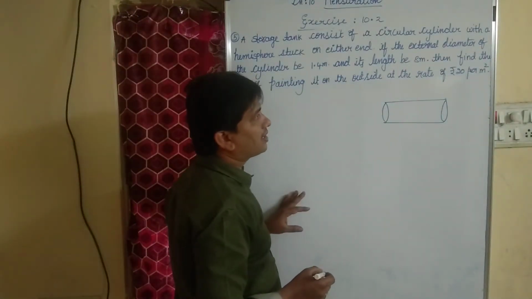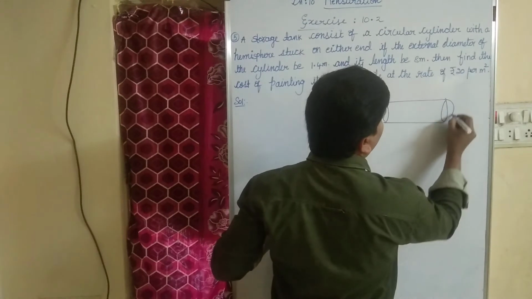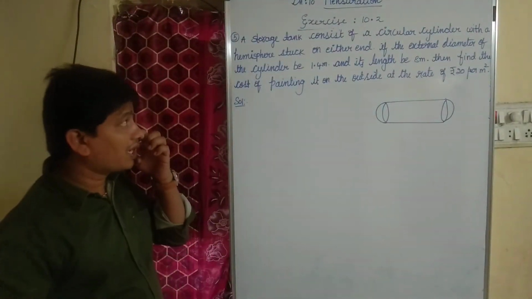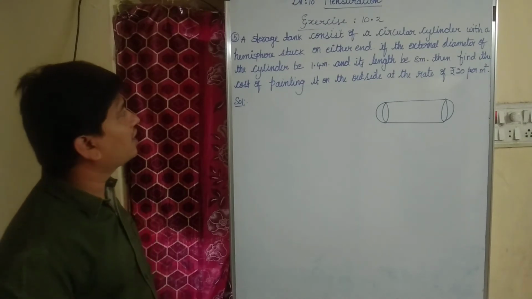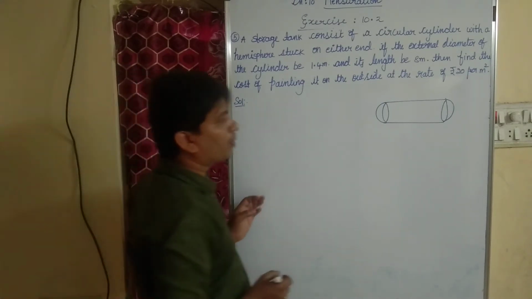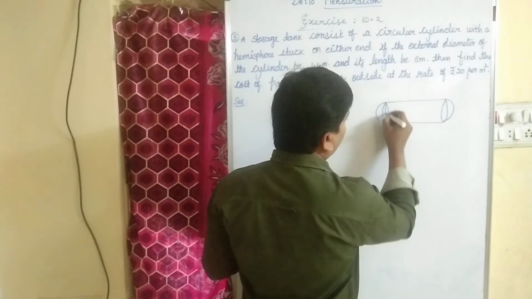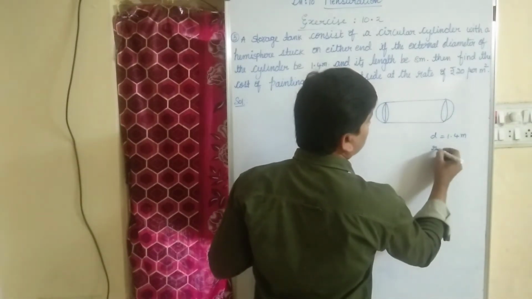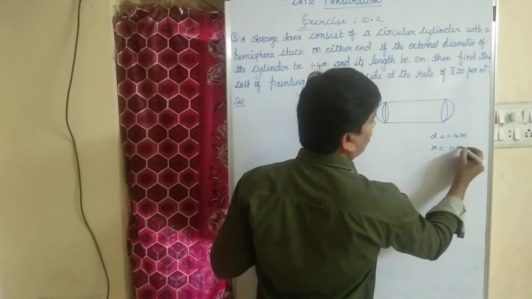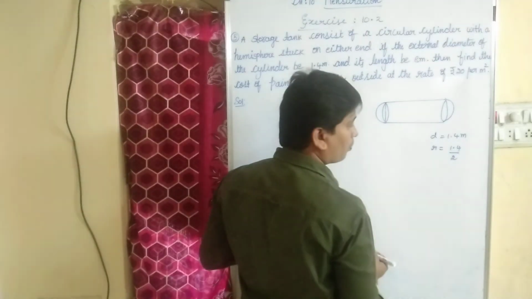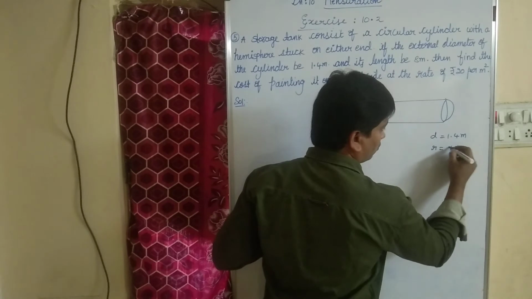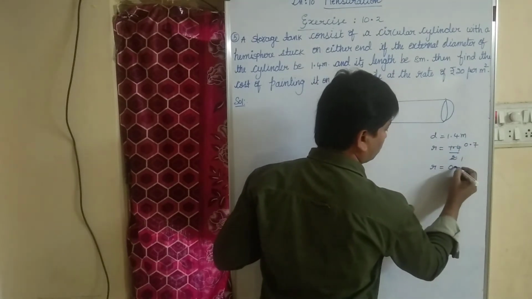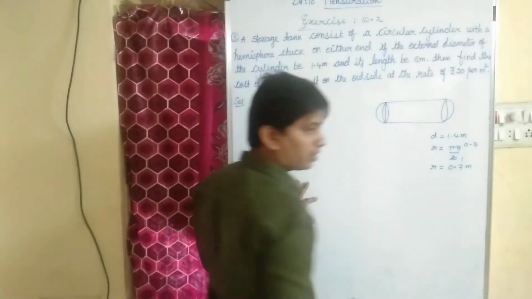If the external diameter of the cylinder is 1.4 meters, diameter is 1.4 meters. So what about the radius? Half of the diameter, 1.4 by 2, 2 7 ja 14, so 0.7. So radius equal to 0.7 meter.